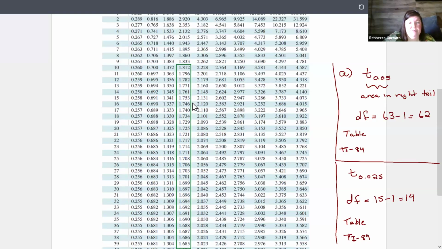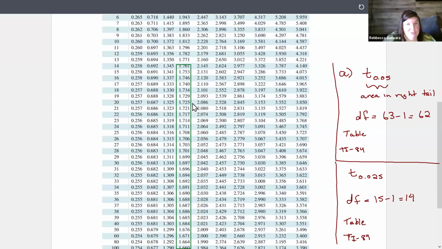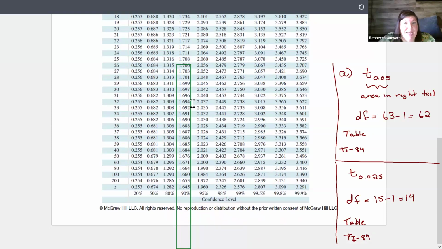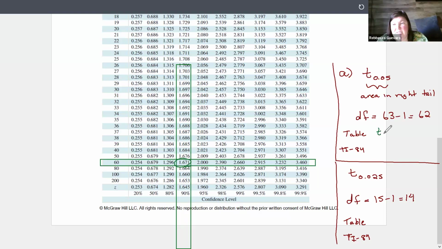So let's scroll down a little bit more. So we don't have 62. The closest I have is 60, so I'm going to have to use the 60 here. So we see right here that from the table, t 0.05 will be 1.671.